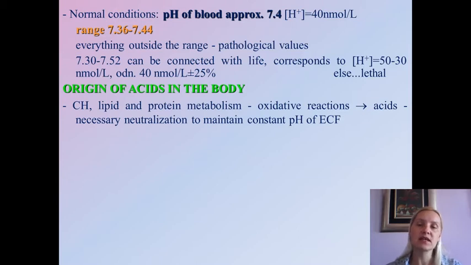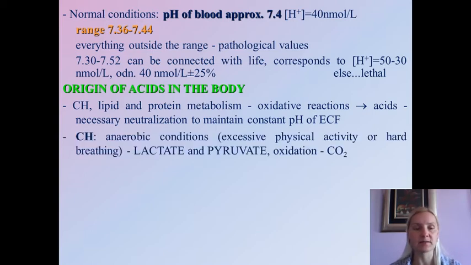On the other side, pyruvate undergoes oxidative decarboxylation to acetyl coenzyme A, which enters Krebs cycle, finally catabolizing glucose to carbon dioxide and water. And you know from your chemistry course that carbon dioxide and water tend to form carbonic acid, which is of course an acid.